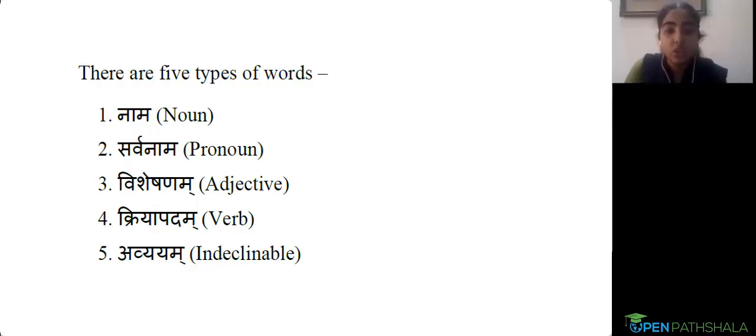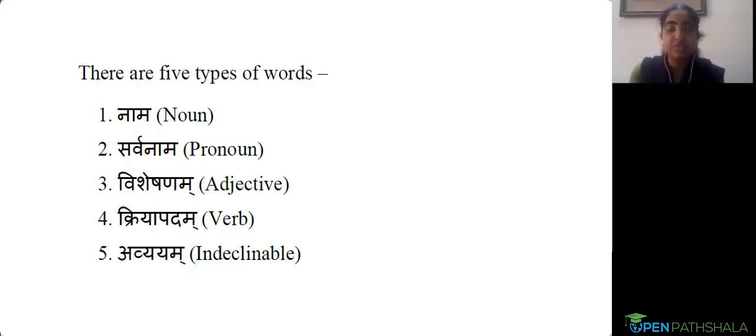Today we'll be starting, now that we are done with letters, with the concept of words in Sanskrit. Okay, so there are 5 types of words. Nama, which means nouns, Sarvanama, which means pronouns, Visheshanam, adjective, Kriya Padam, verb, and Avyayam, indeclinable.